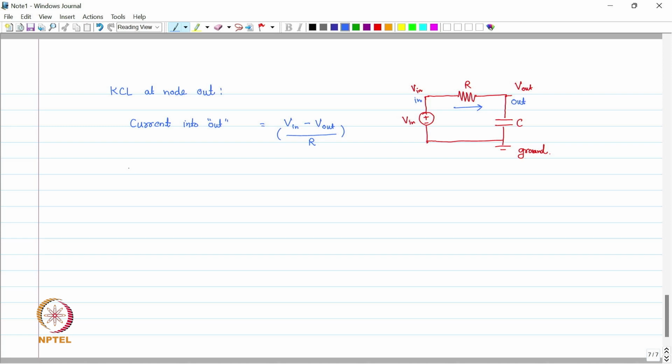And we can write a similar expression for the capacitor, which is C dV by dt.